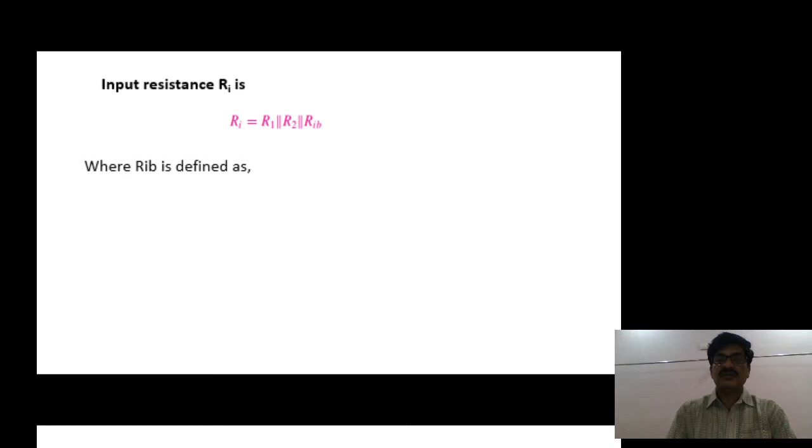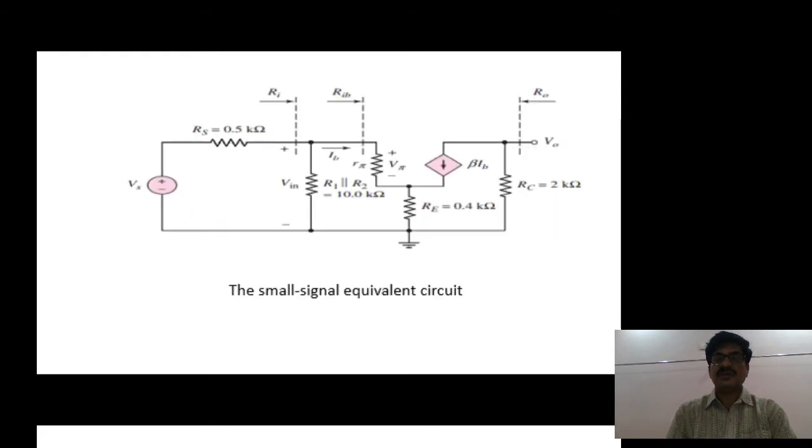Now let us see what the value of RIB is. RIB is defined as Vin divided by IB. Vin in the diagram is the input voltage, the voltage across RIB, right? So Vin is IB into r pi plus the drop across RE. What is the drop across RE?